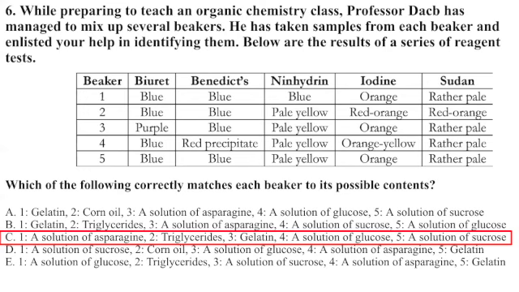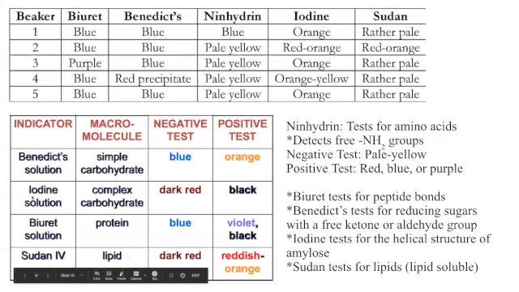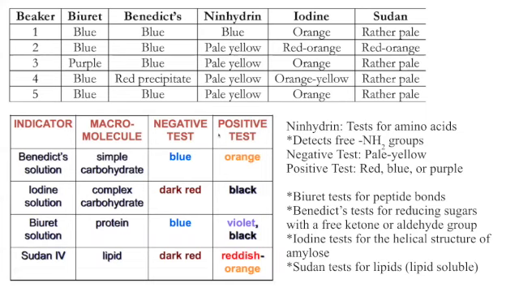The Biuret test tests for peptides, Benedict's test for sugars, simple carbohydrates, Sudan tests for lipids, and the iodine tests for complex carbohydrates. Ninhydrin tests for amino acids.